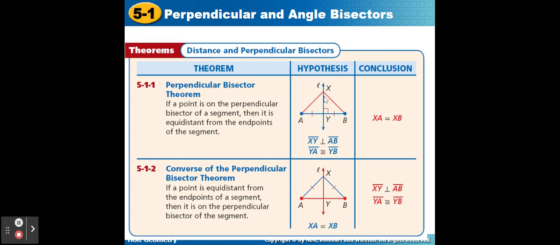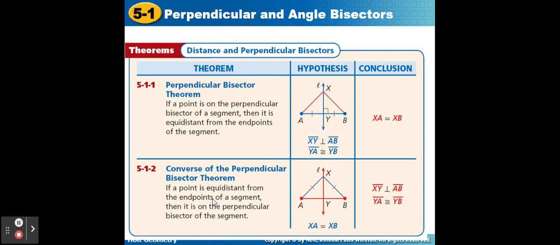So we can see that X lies on that perpendicular bisector. XY is in fact the perpendicular bisector of segment AB. We have YA congruent to YB and XY perpendicular to AB. So that's really the definition of something being a perpendicular bisector. Our conclusion, therefore, is that XA is congruent to XB.